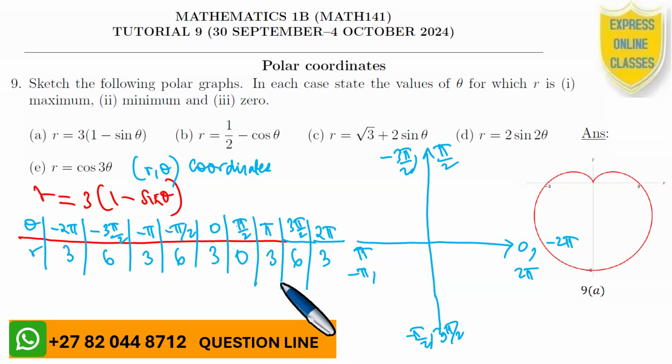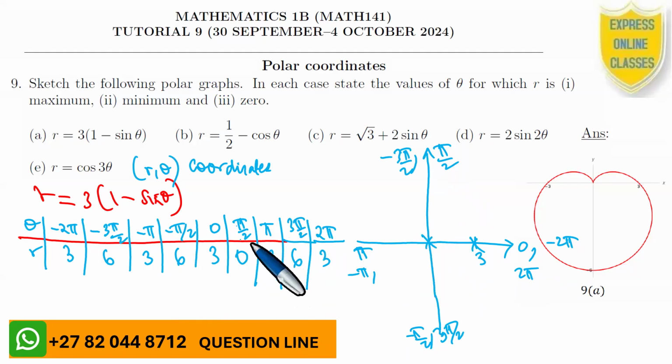So now we can look at the positives first and the 0. At theta equals 0, the radius is 3. At theta equals pi over 2, the radius is 0.